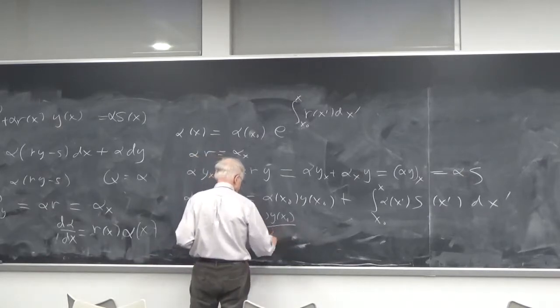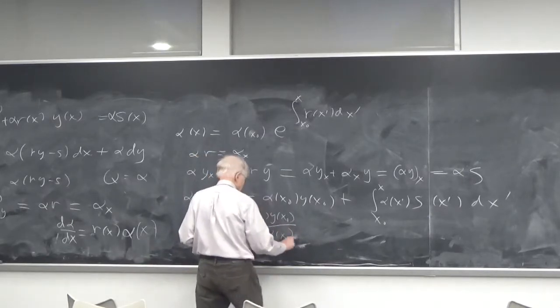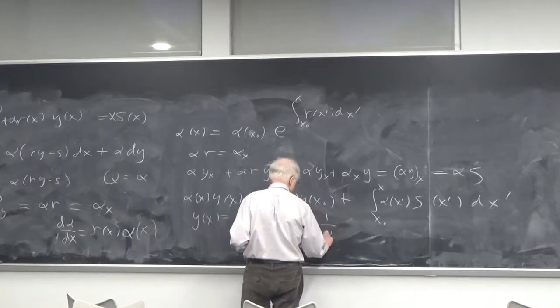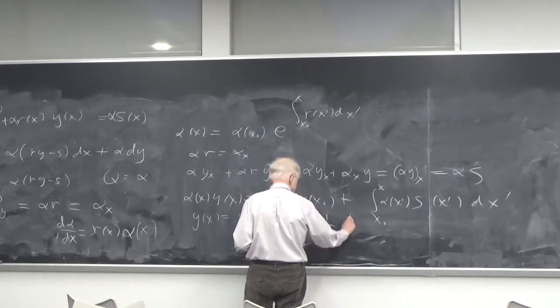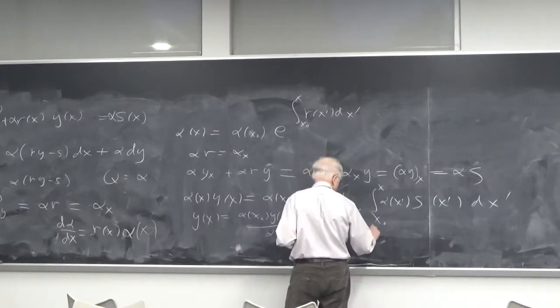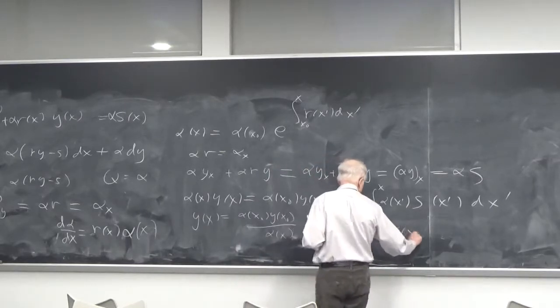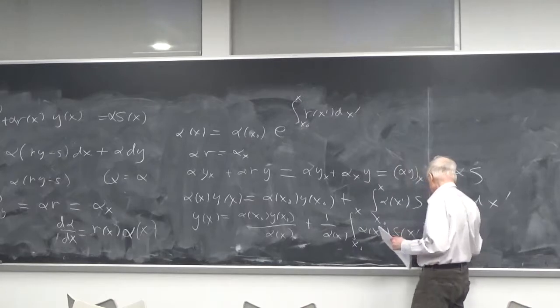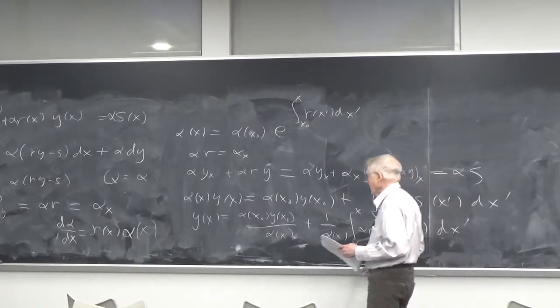divided by alpha of x plus 1 over alpha of x times an integral x0 to x, alpha of x prime, s of x prime, dx prime.